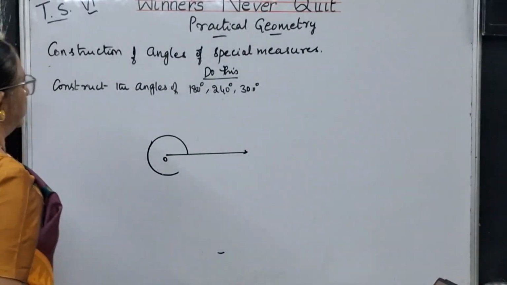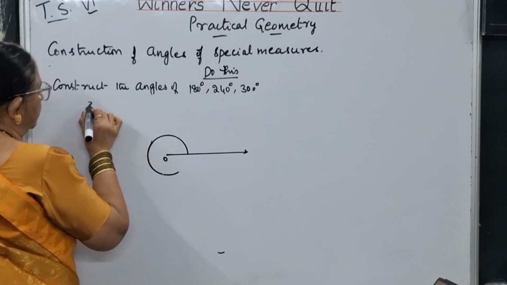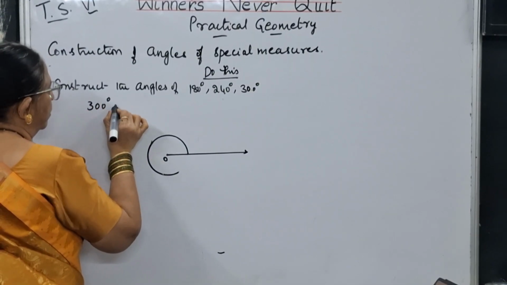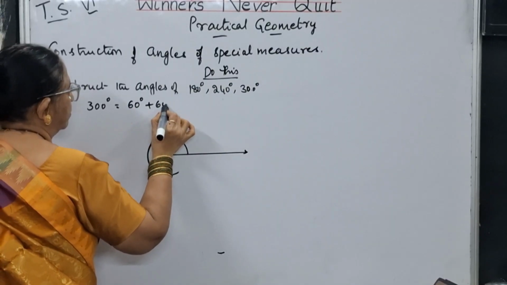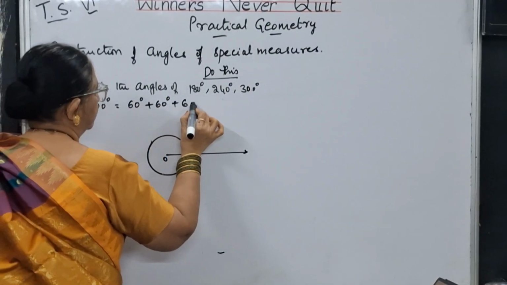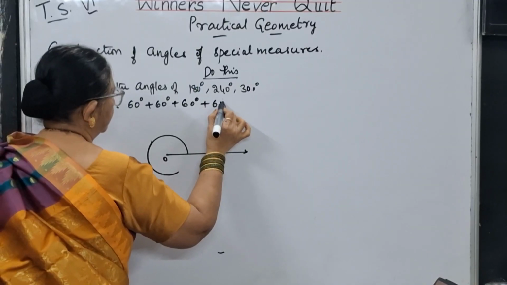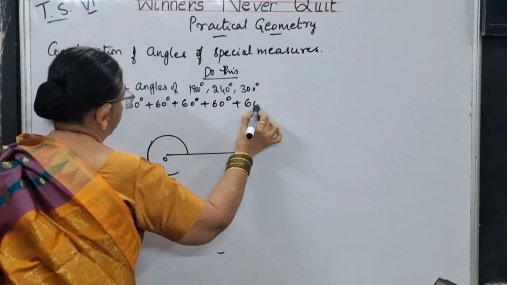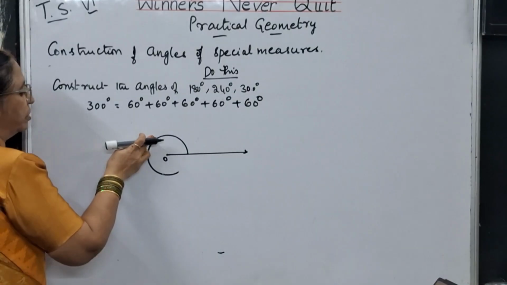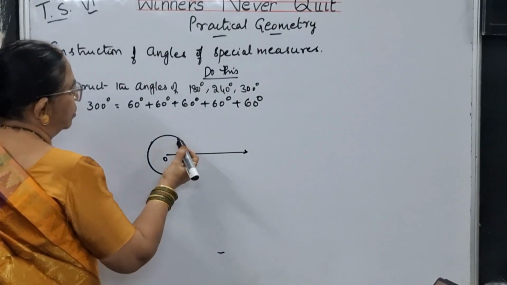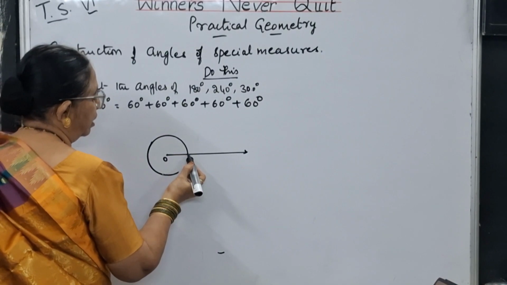Now the next one is 300 degrees, children. How will you get it? 60 degrees plus 60 degrees plus 60 degrees plus 60 degrees plus 60 degrees, 5 times. I'm not using the compass, children, I'm saying directly you do it with the compass. Already I have explained.